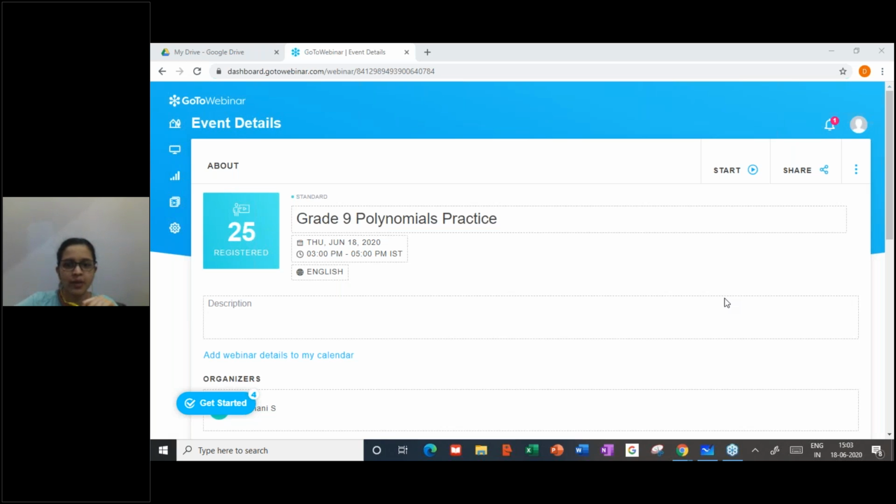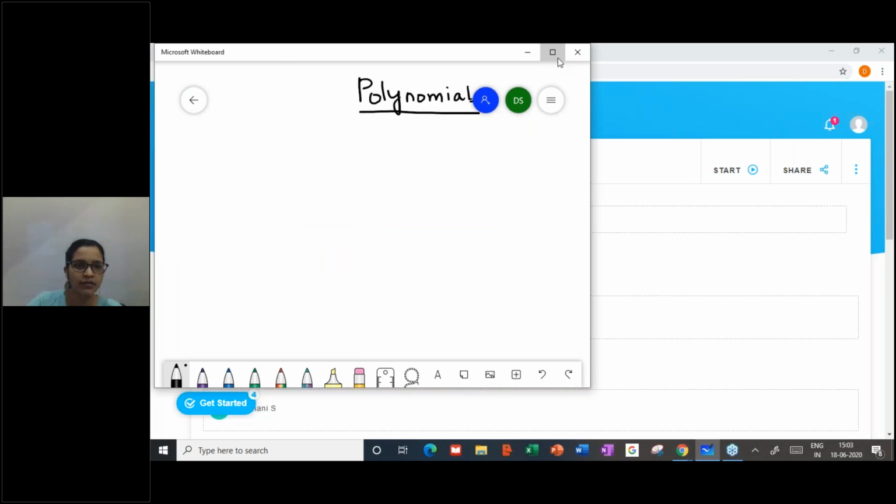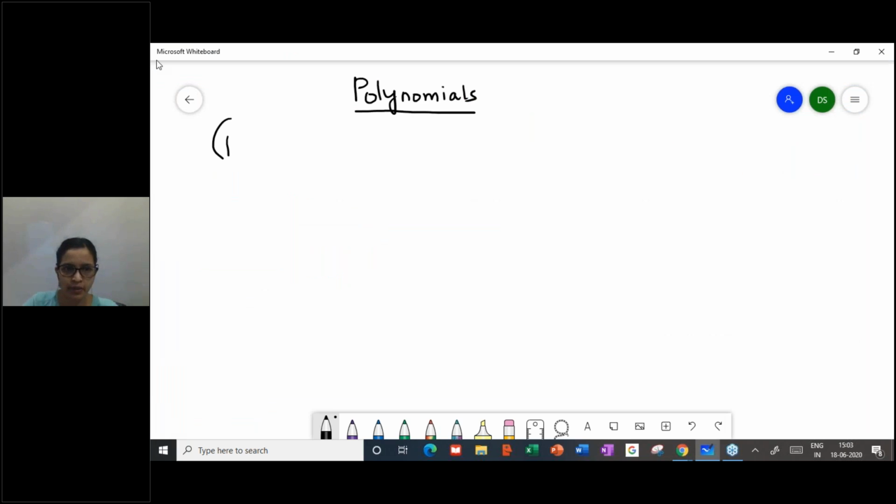Okay, so I'm going to quickly write down the things which are required for this chapter. The first concept you come across is to check whether it's a polynomial. Check whether it is a polynomial.